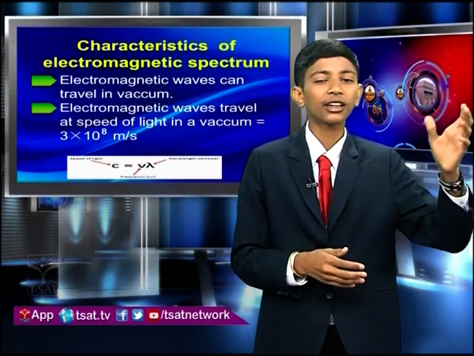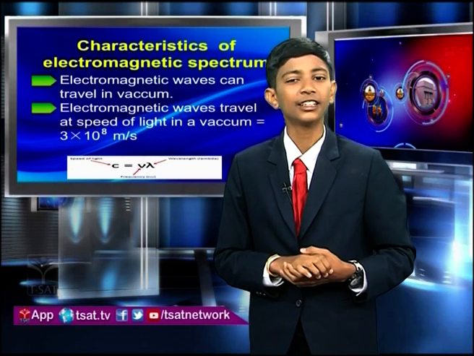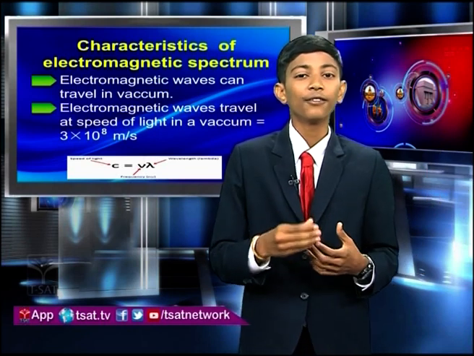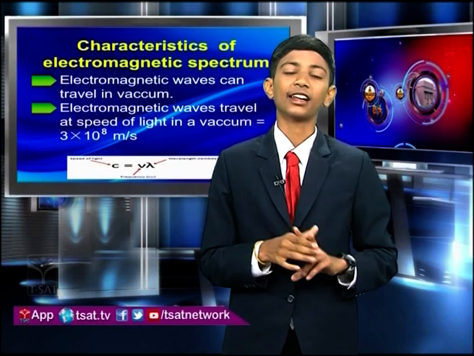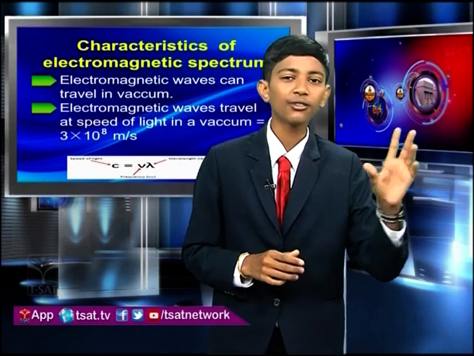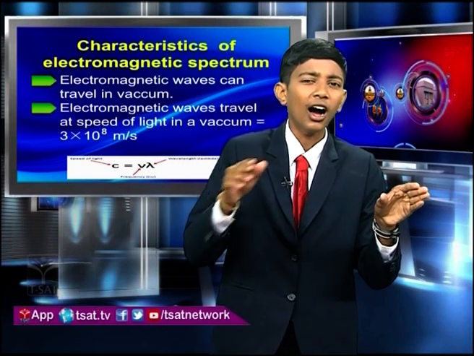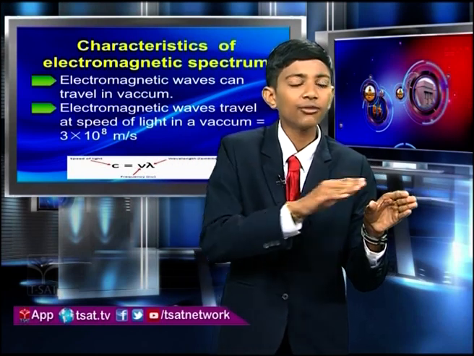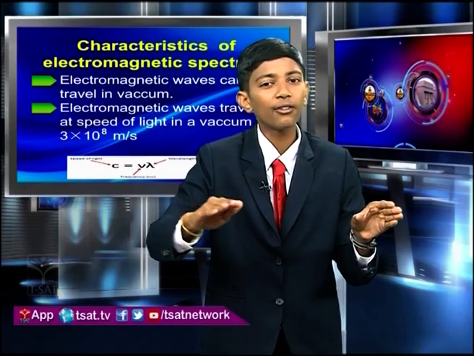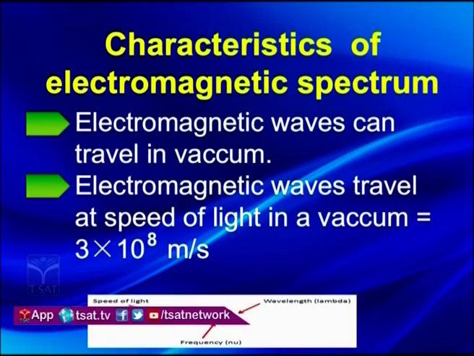If we look at the characteristics of the electromagnetic spectrum, we have two main characteristics. The first one is that in the electromagnetic spectrum, all electromagnetic waves can travel through vacuum. That means all electromagnetic waves do not require any medium to travel.